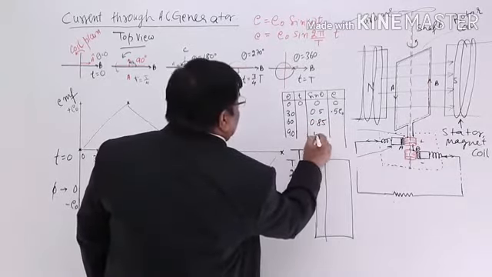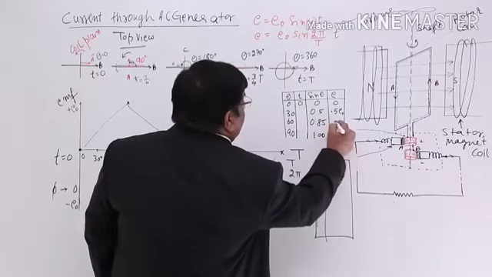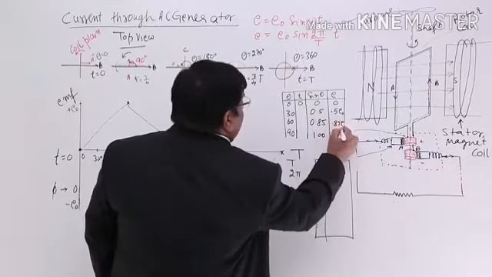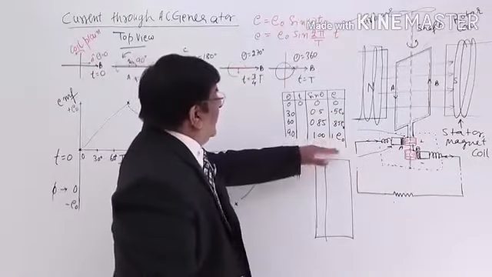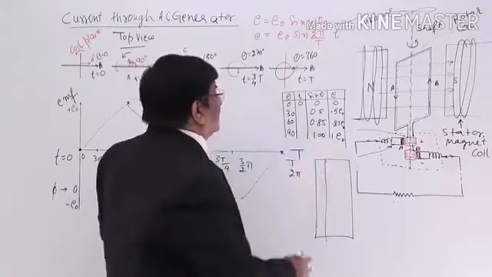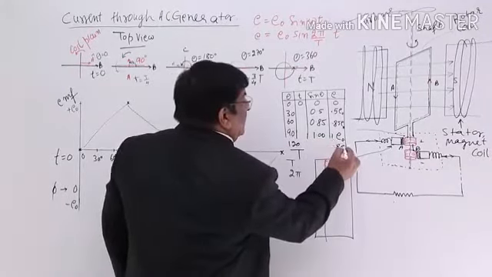And at 90 degree it is 1. So this is 0.5 E naught, this is 0.85 E naught and this is 1 E naught. After that it will start decreasing because at 120 it is again 0.85.